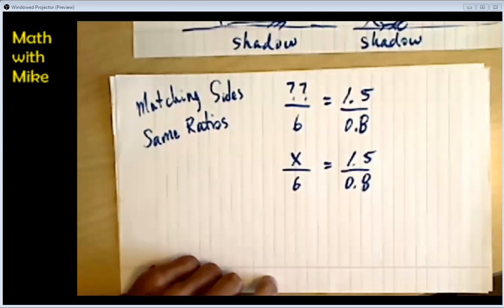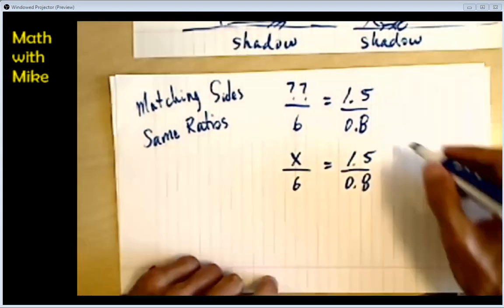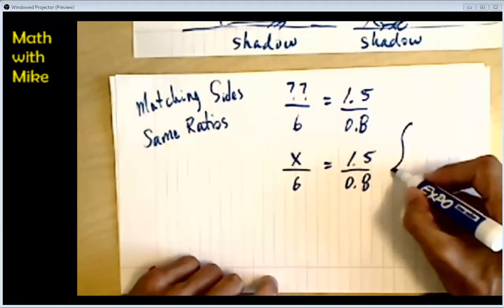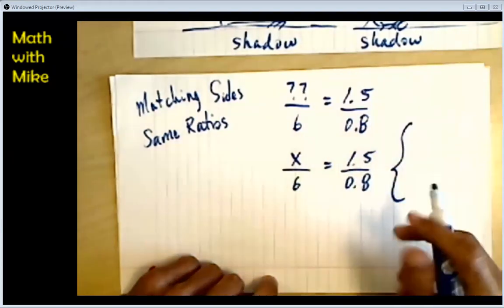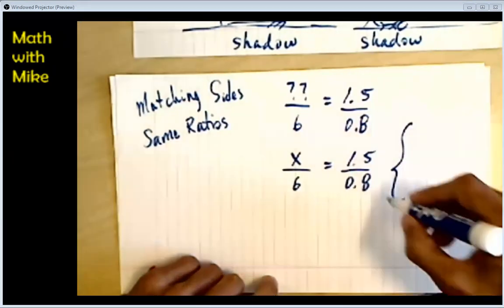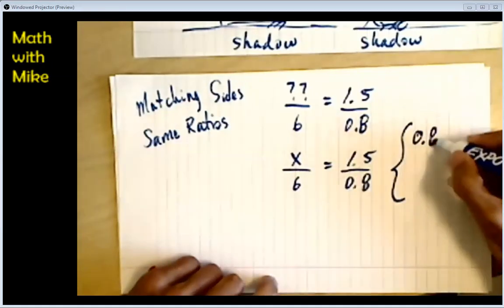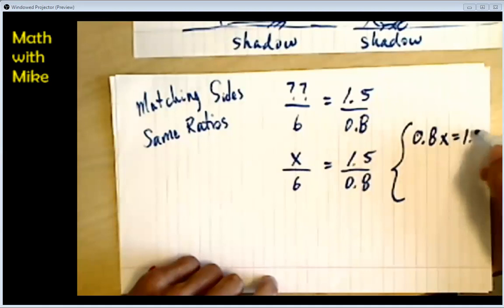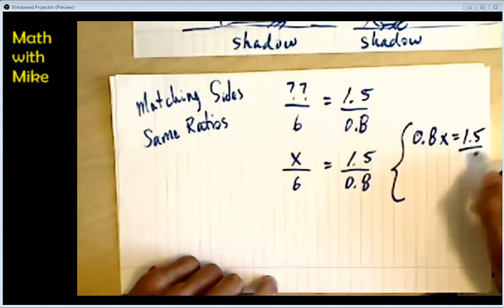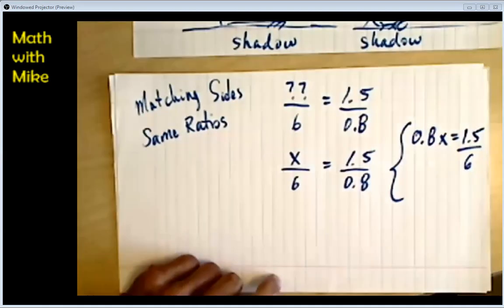Yeah. So there's a couple of ways to do this. From class, I'll put it over here. You can go cross multiplying. You get 0.8x is equal to 1.5 over 6. That's one way to do it.